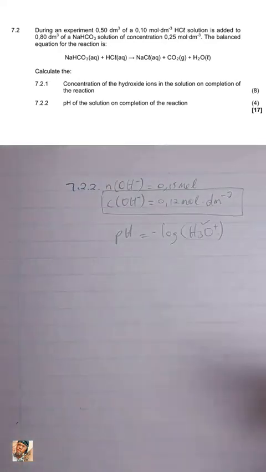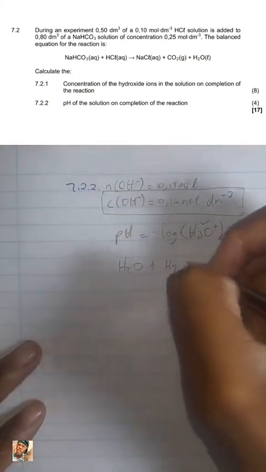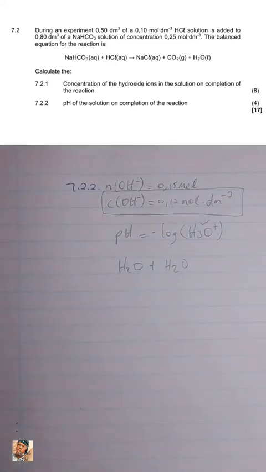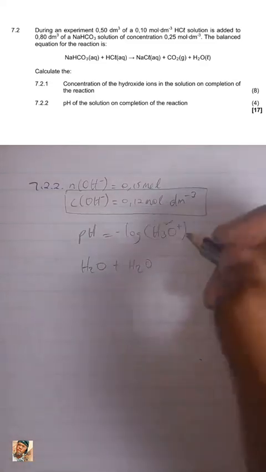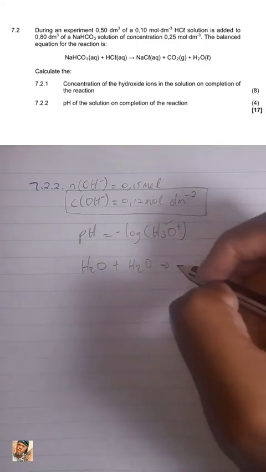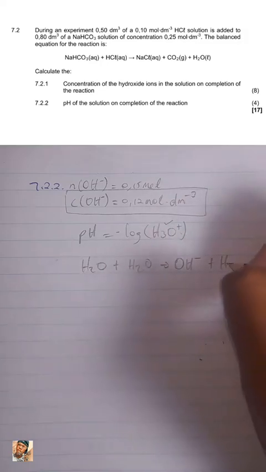When water reacts with water, I don't remember what this principle is called, but it has to do with Kw, the constant of water. When water reacts with water, it gives us hydroxide ion plus hydronium ion.